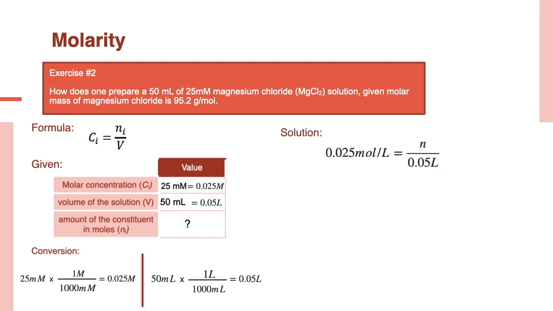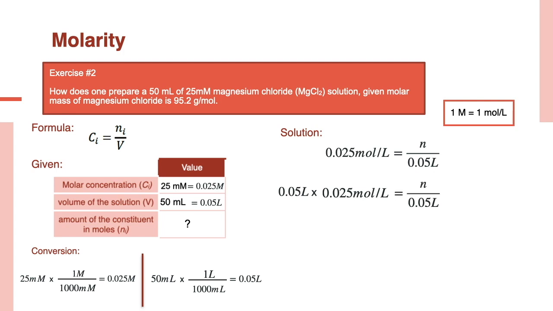0.025 mole per liter is equal to unknown amount of the constituent in moles divided by 0.05 liter. As you can see, I changed the unit from molar to mole per liter because 1 molar is equal to 1 mole per liter. So 0.05 liter times 0.025 mole per liter is equal to the unknown divided by 0.05 liter.